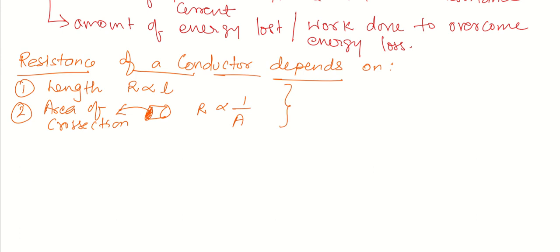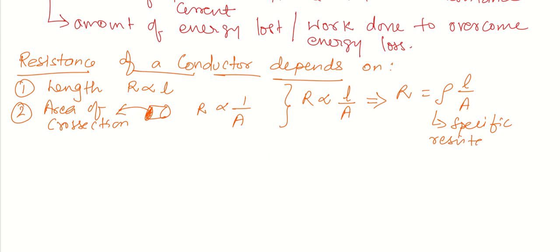Which means I can now combine both and write R proportional to L over A. Therefore, I can further write this as resistance equal to rho L over A, where rho is your resistivity or specific resistance, and it is constant.